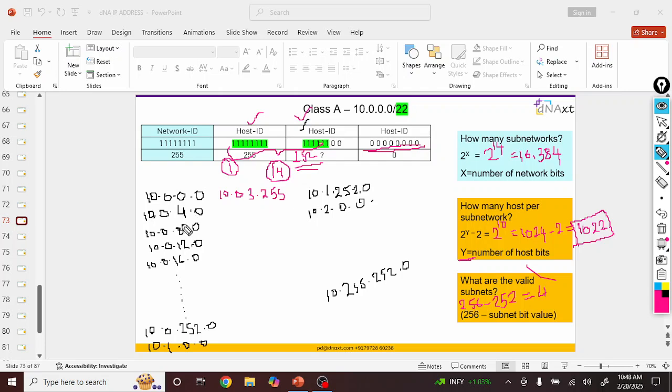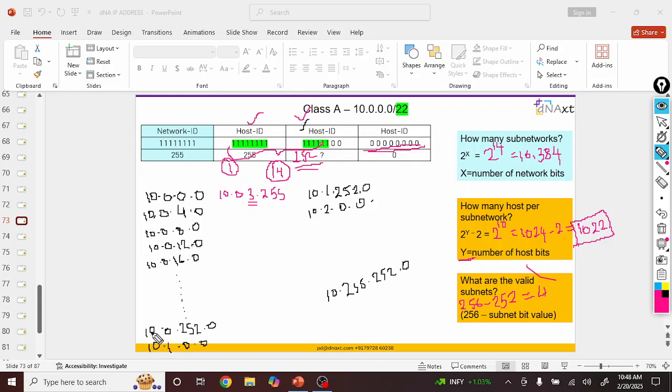In that octet the value of the next network ID is 4, and hence we will write down its preceding number in the broadcast ID of the previous subnet. So hence 10.0.3.255, 10.0.7.255, 10.0.11.255. This will go on.